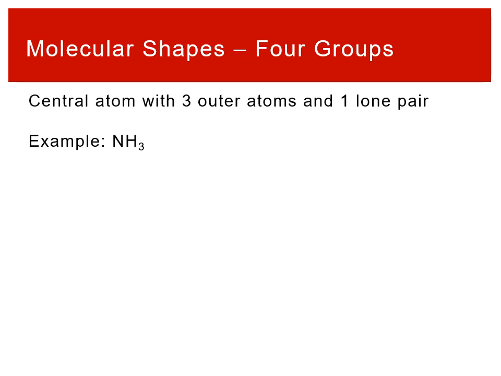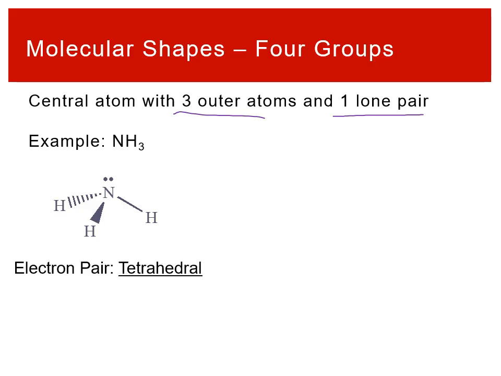Okay, so let's add some complications now of lone pairs. So when we have 4 groups, you could have 3 outer atoms and 1 lone pair. So an example of that would be ammonia, right? NH3, where it still is going to have 4 groups. So it has a tetrahedral electron pair geometry where it is bond, bond, bond, lone pair, and then we can see these bonds have the dashes and the wedges.